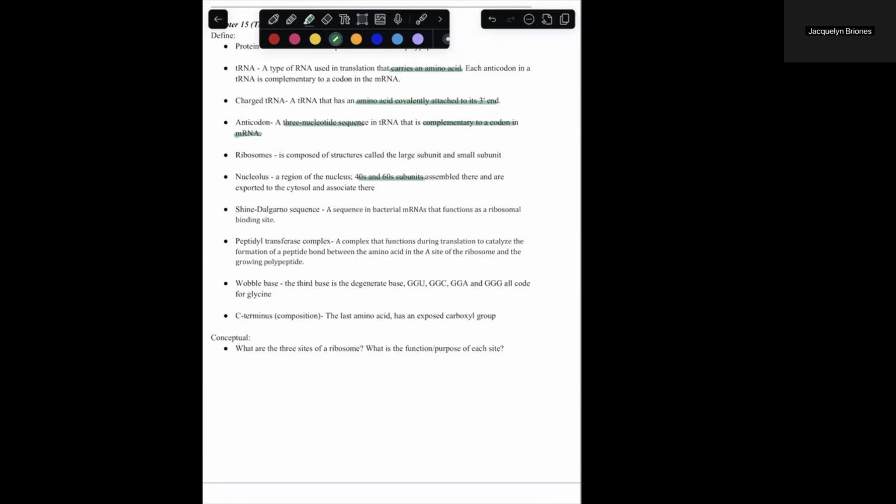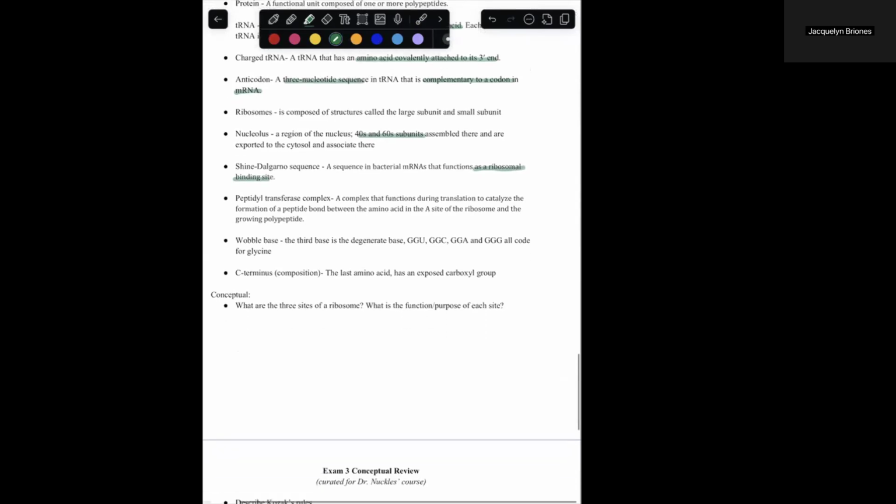It's a sequence in bacterial mRNAs that functions as a ribosomal binding site. Now, the peptidyl transferase complex is a complex that functions during translation to catalyze the formation of peptide bonds between the amino acid at the A site of the ribosome and the growing polypeptide.